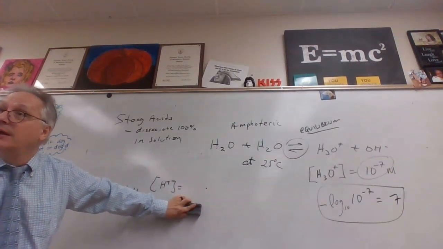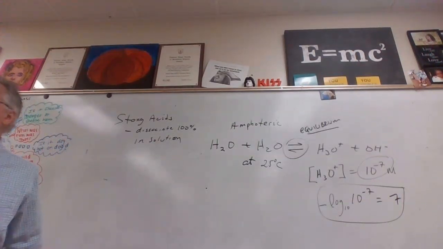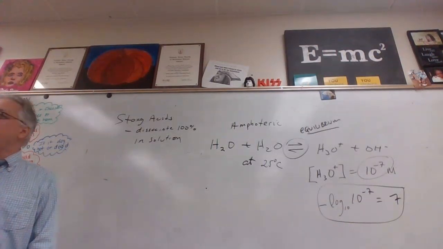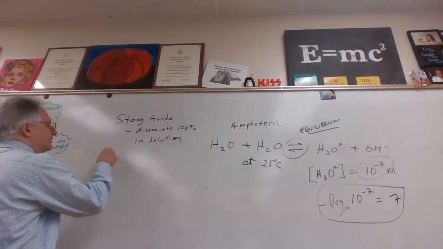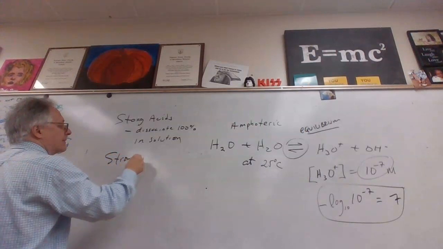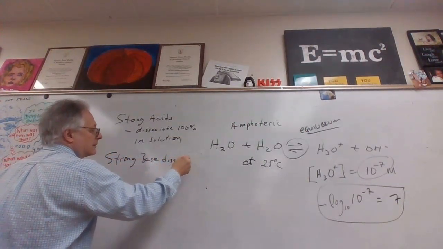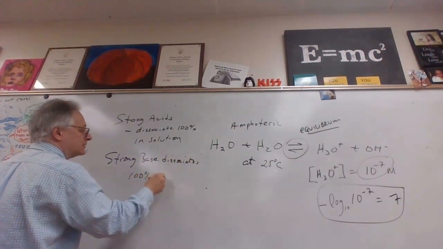Milk? No. Strong bases are things like sodium hydroxide, and we're going to have to test some milk and see if it's acidic or basic. Lye, yeah. Strong base dissociates 100% in solution.